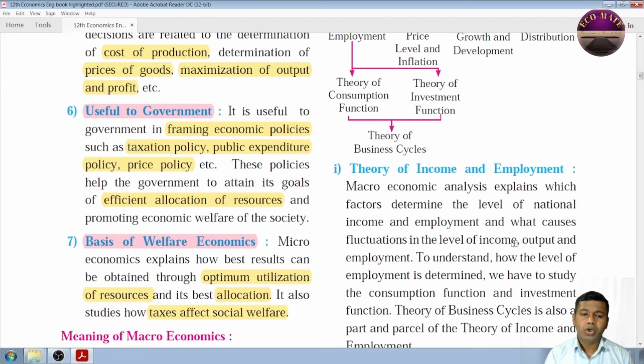So this is what is called the efficient allocation of resources. The government is taking money from one side of the society and distributing it to the other side, taking from the rich and distributing it to the poor people. So the government is managing the resources in order to reduce the gap of inequality in the society. So it is attaining that goal by allocating the resources in the society.